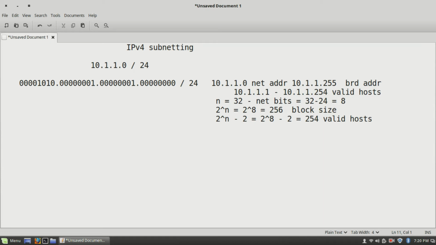Now let's just say I have a requirement. I have been given this network 10.1.1.0/24, and I have been asked to perform subnetting on this network and to create subnetworks. Now my requirement is, let's just say, I want to create 3 subnetworks from this network.